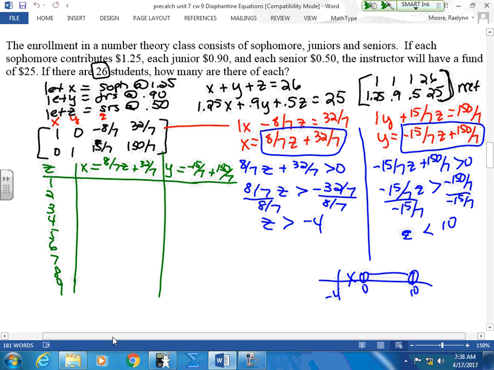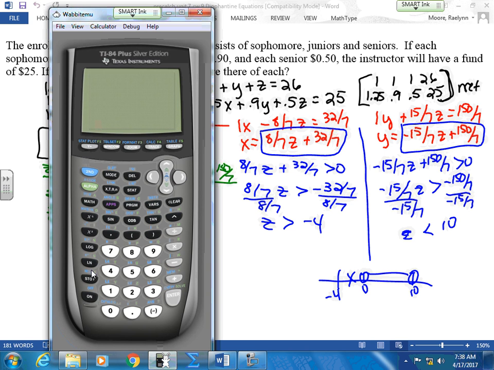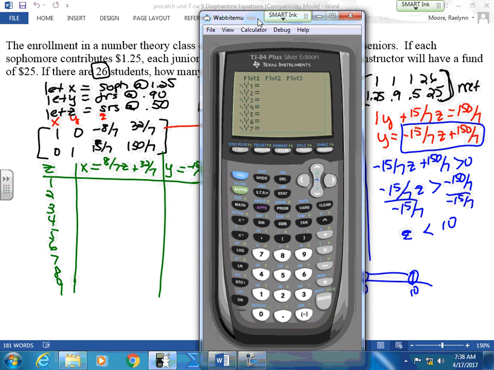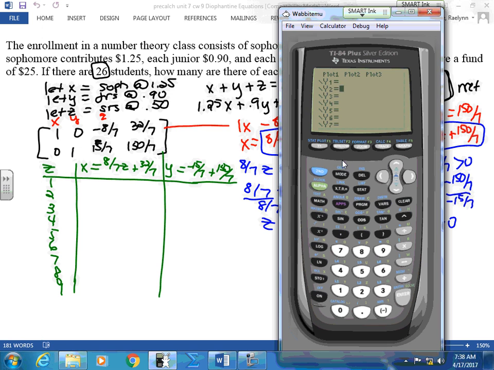Okay. So you're going to go to your calculator, make life easy. If not, you're going to have to substitute each one. Make your life easy. Go to your calculator. I love the calculator for this. Go to your y equals. Put both of these guys in your y equals. You don't care what your graph looks like.